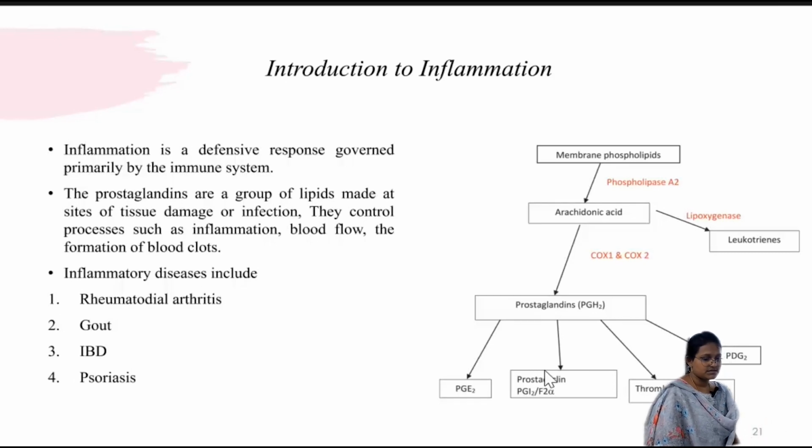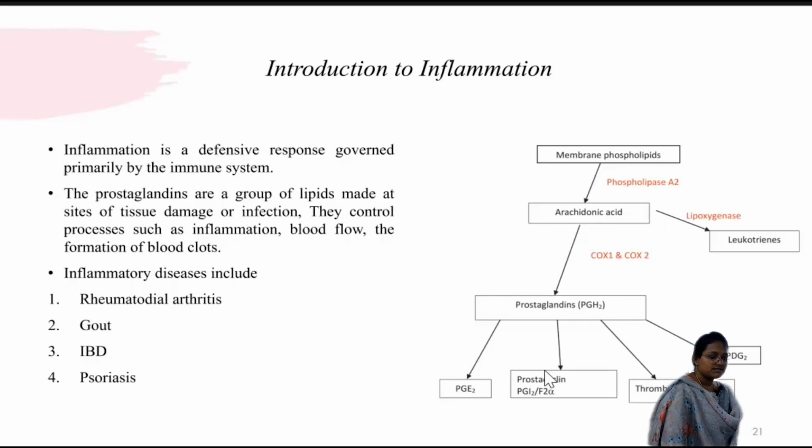Major inflammatory diseases are rheumatoid arthritis, gout, irritable bowel syndrome. Psoriasis is also an inflammatory disease. The mechanism of prostaglandin formation is seen there. Membrane phospholipids is converted into arachidonic acid, and arachidonic acid is converted into prostaglandins, which in turn forms inflammation.